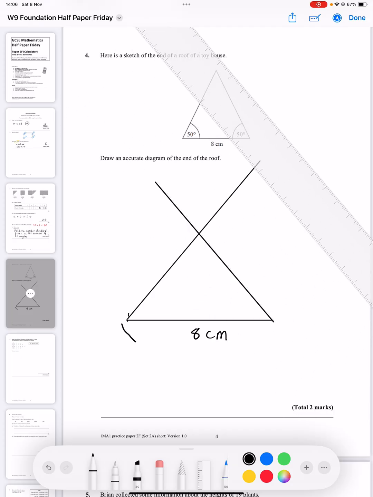And then we're going to write on our labels of 50 degrees in both angles. And we're going to leave our construction lines because we will get a mark for it. So we'll leave the construction lines. If we rub them off, we would lose 1 mark. And that's done.